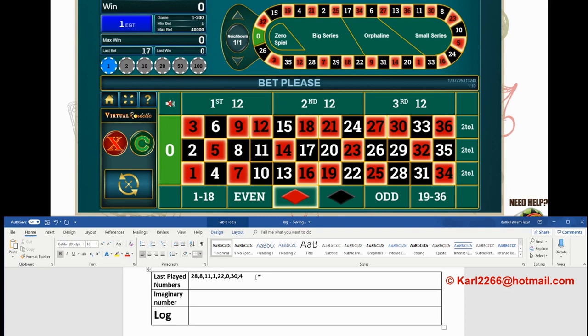We got number 4. Again, we wait because we need one more number. And we got number 28. Okay. Sometimes we just need 2 numbers. We don't need 3 numbers to calculate. With 30, it's a little bit confusing because it can be plus, can be minus.